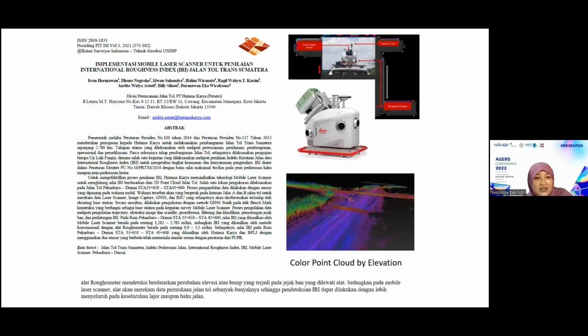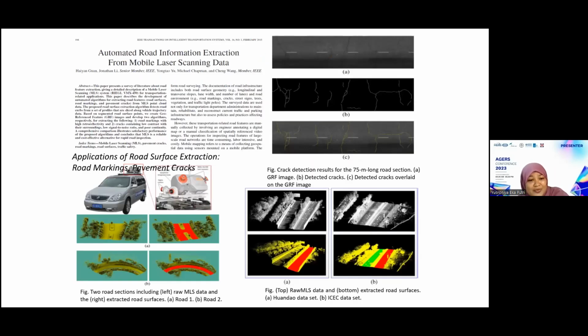And then from that, in a further study, we can make a low-cost LiDAR laser scanner for the roughness index.